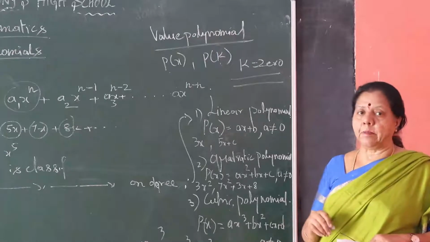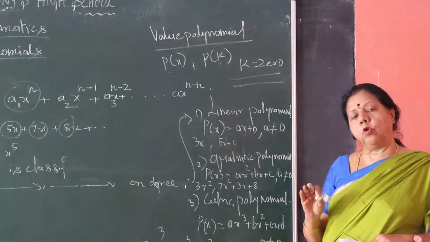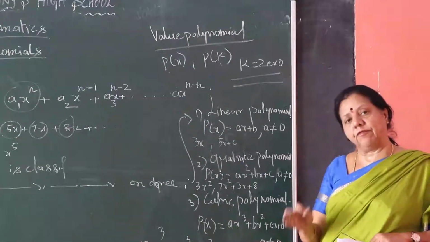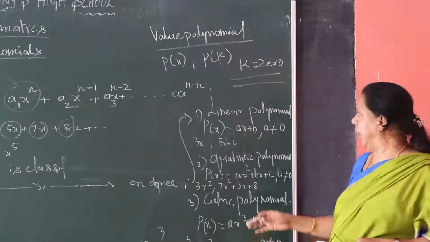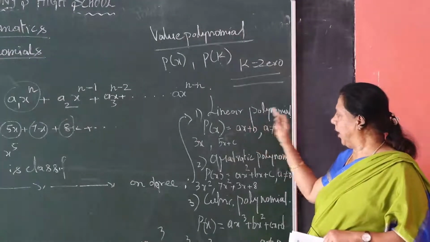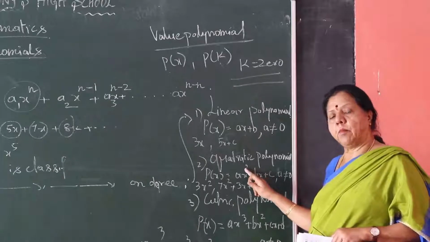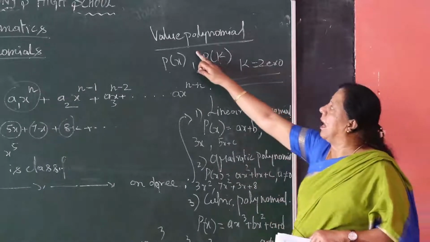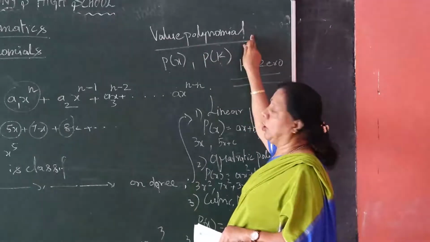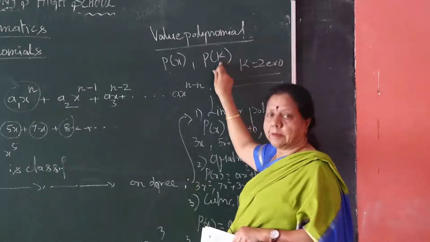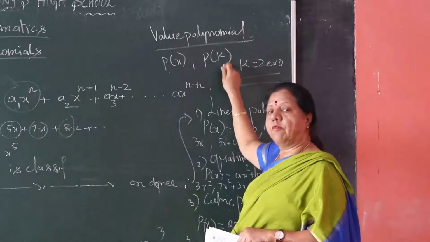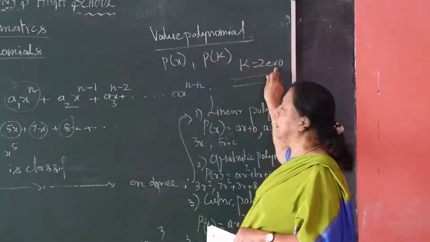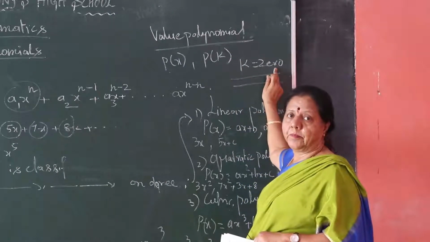Once again tell me, which are the polynomials classified based on the degree? One is linear polynomial, another is quadratic polynomial, and another is cubic polynomial. The last one is value polynomial. This is only the substitution, then p of k is equal to 0 always.